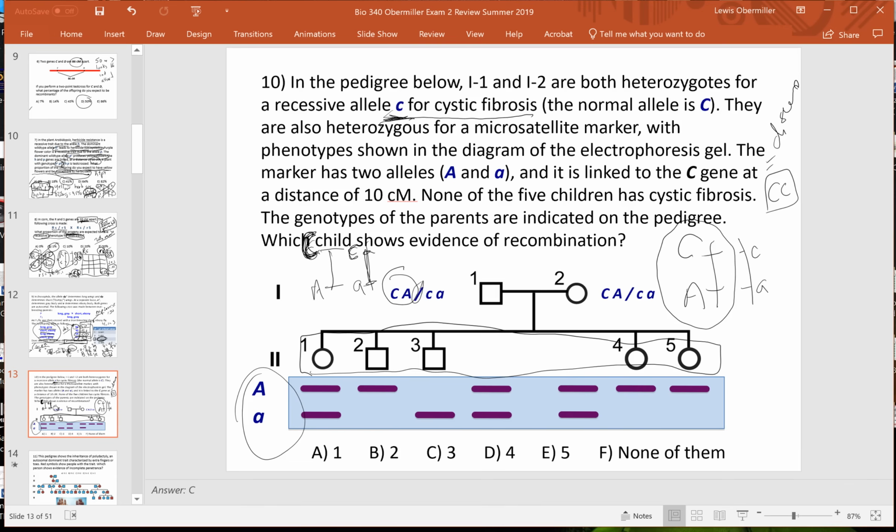So if this is a non-recombined gamete, so is this. This is a non-recombined gamete, and so is this. So if this sperm fertilized this egg, we would get big C, little c, and big A, little a. So this would be little a, and not have cystic fibrosis.